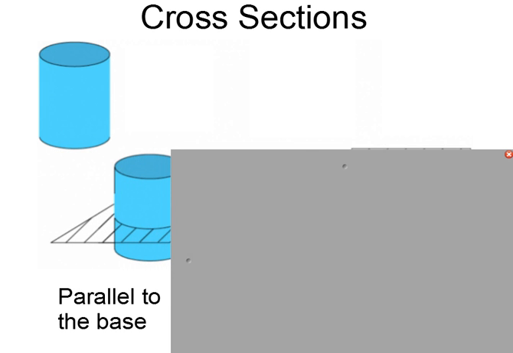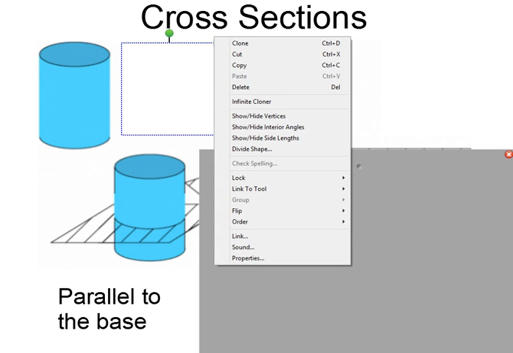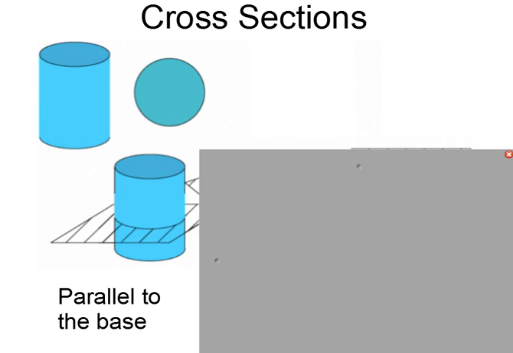The last thing we're going to talk about is visualizing shapes as a part of 3D shapes, and these things are called cross-sections. So if we were to take a cylinder and we were to slice it through the middle of it so that the slice is parallel with one of the bases, what we would end up with is the shape of a circle.